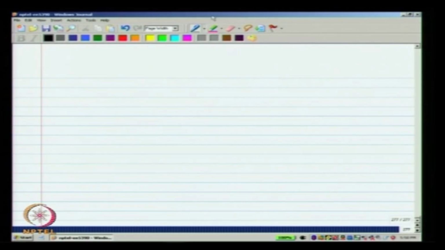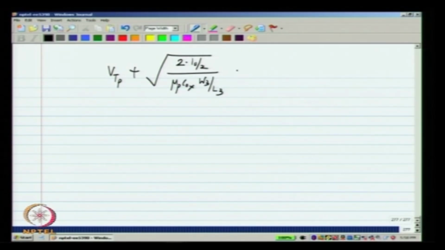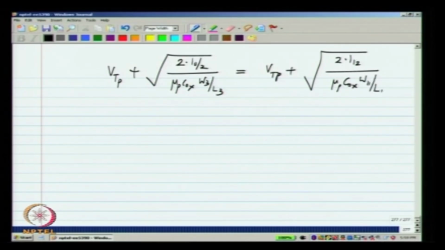What we have to make sure is that, with both having the same VT, VT plus square root 2 times I0 by 2 divided by mu p Cox W3 by L3 should be equal to VTP plus square root 2 times I12 divided by mu p Cox W11 by L11.